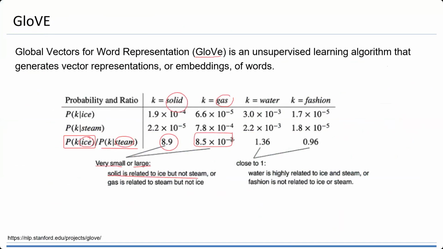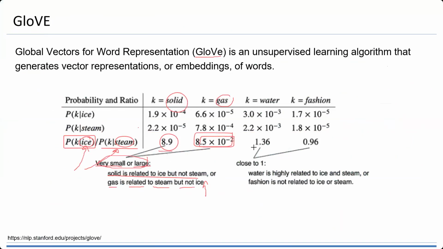What about if it is very small? If it is very small, then gas is related to steam but not ice. So that's the meaning when the number is very small or very large.